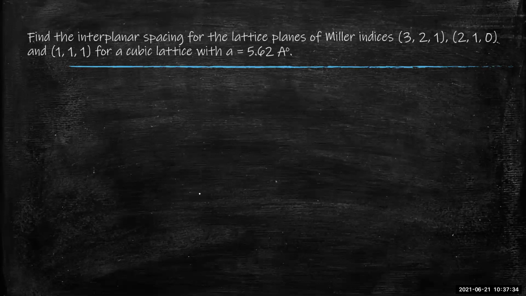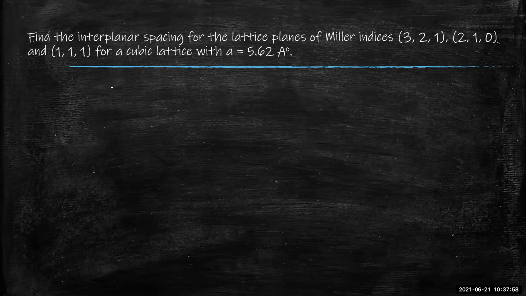The next question: find the interplanar spacing for the lattice planes of Miller indices 321, 210 and 111 for a cubic lattice with A equal to 5.62 angstrom.